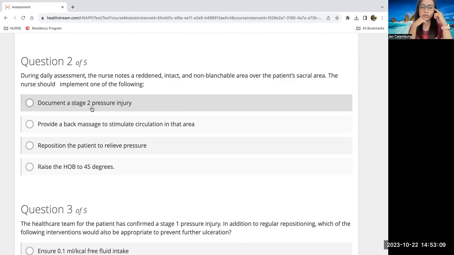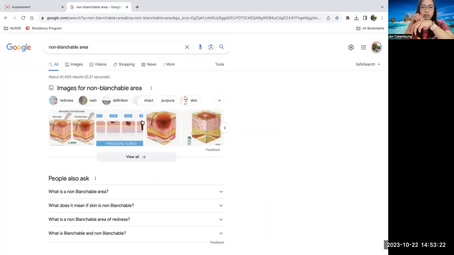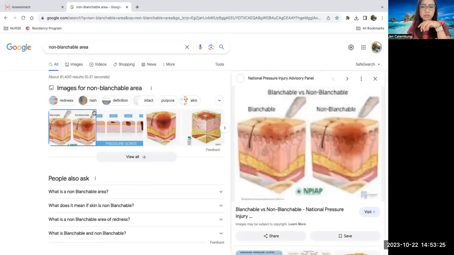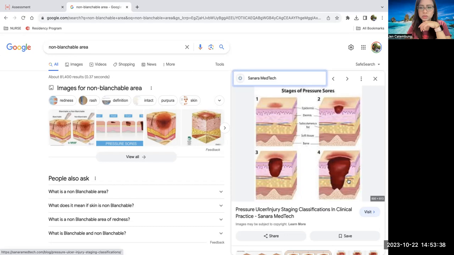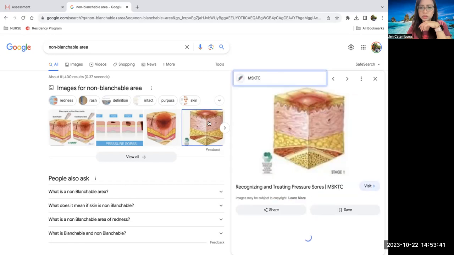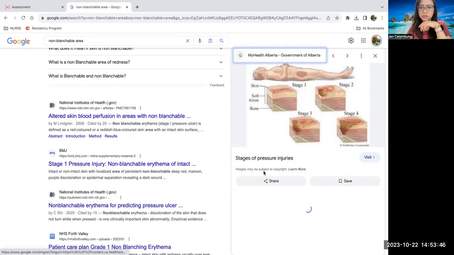Document a stage 2 pressure injury. Stage 2? The area is intact and non-blanchable. Non-blanchable means you cannot blanch it. Blanchable versus non-blanchable.